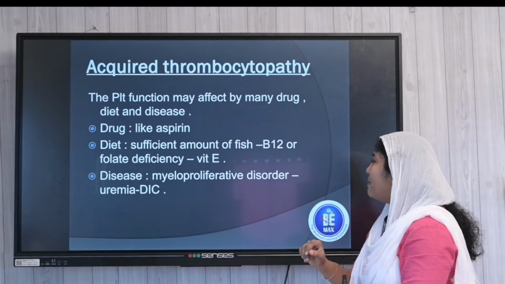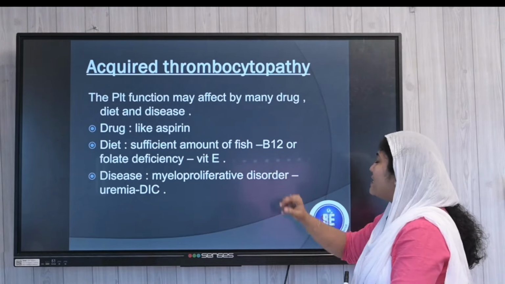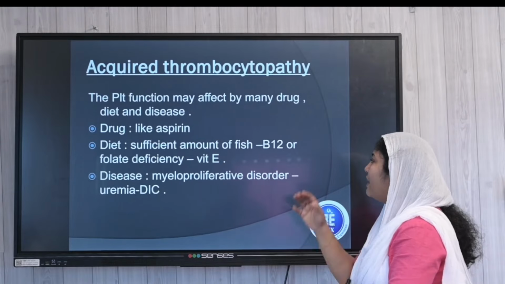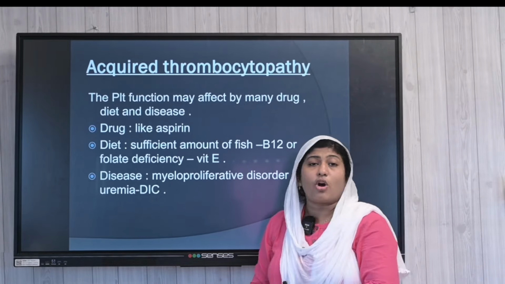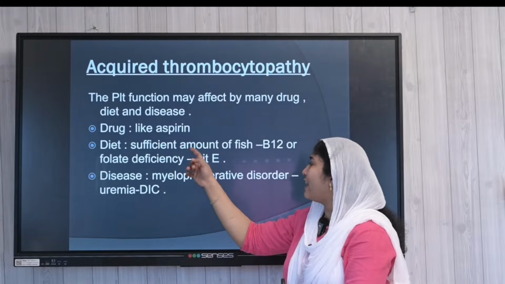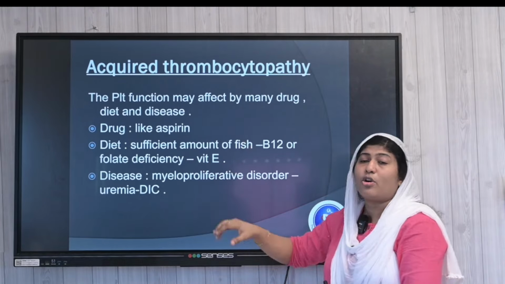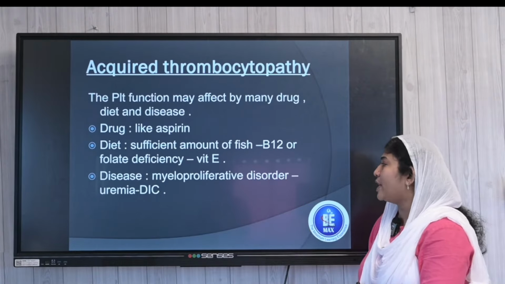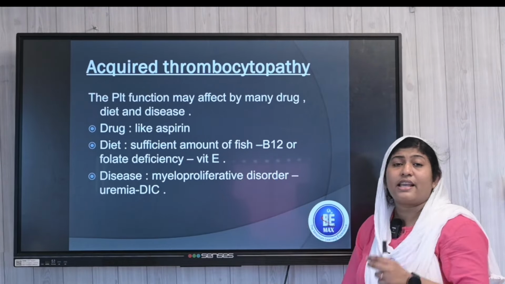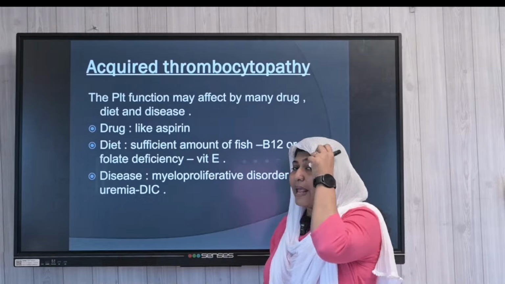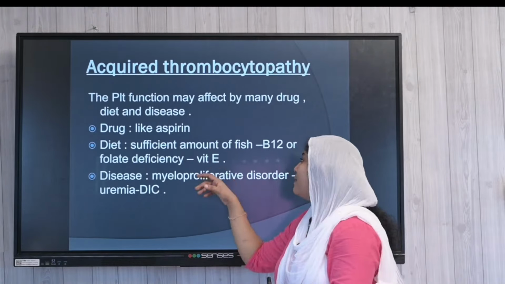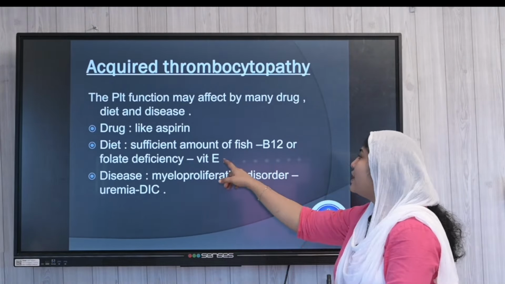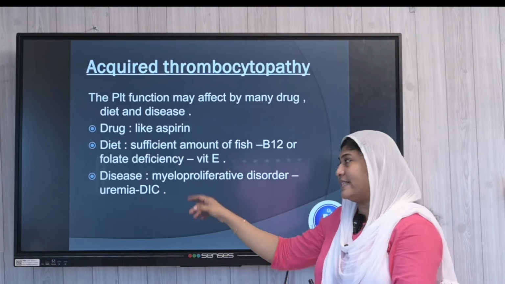Vitamin B12 and vitamin B9 are essentially obtained from non-veg items or fish items. So if our diet contains less of these items, the patient will definitely face such a deficiency, and this can cause a low platelet count. The thrombocytopathy condition can occur due to the deficiency of any of these vitamins.